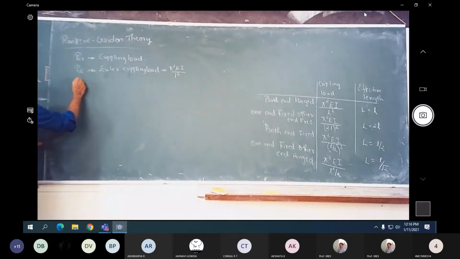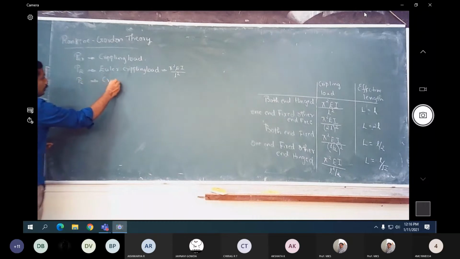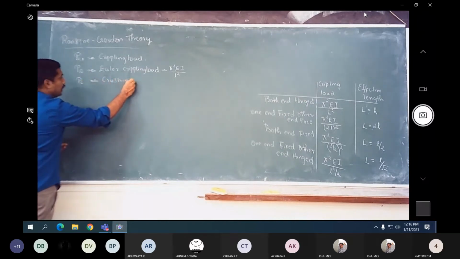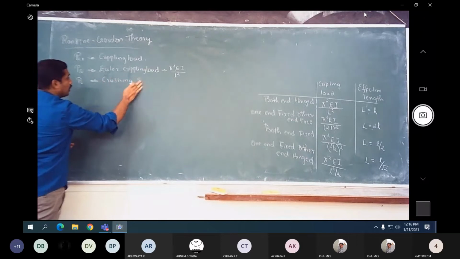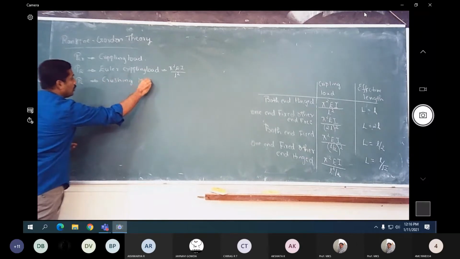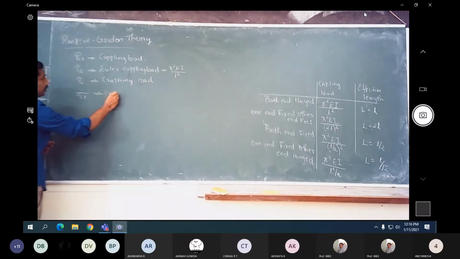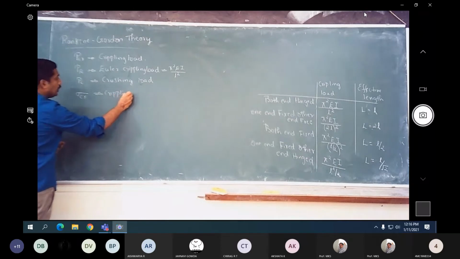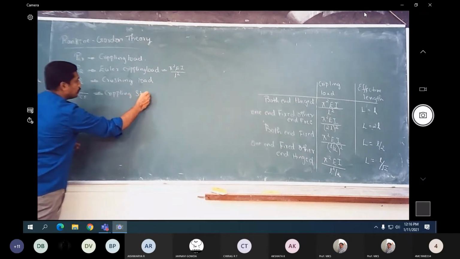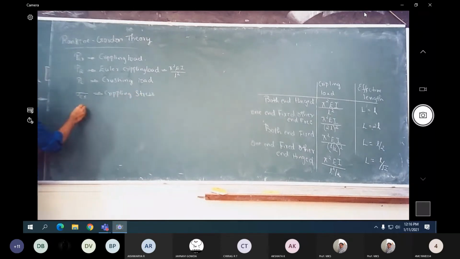Then we have PC, the crushing or compressive load. Let PC be the crushing load or compressive load. With respect to the crippling load, let sigma CR be the crippling stress.